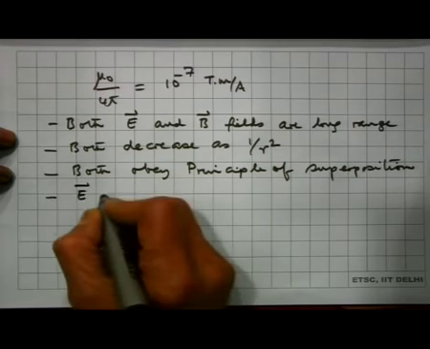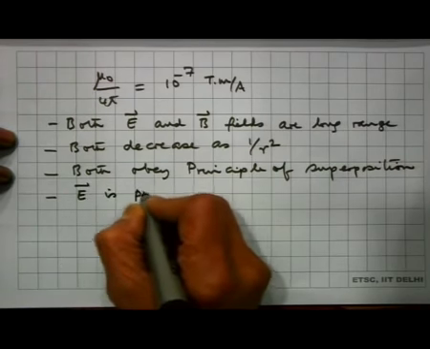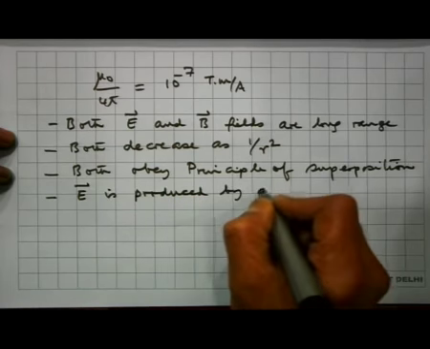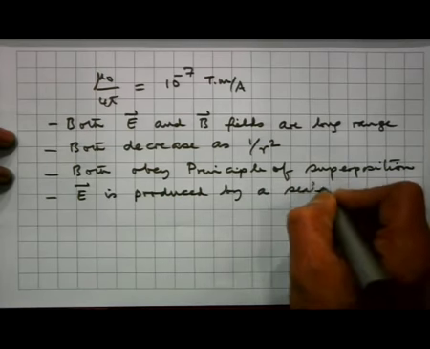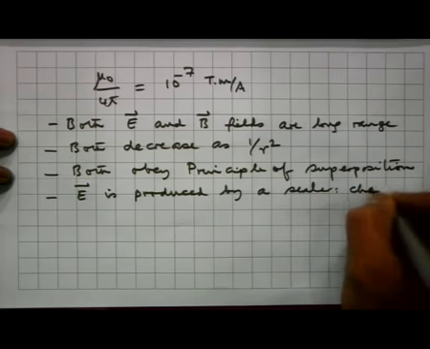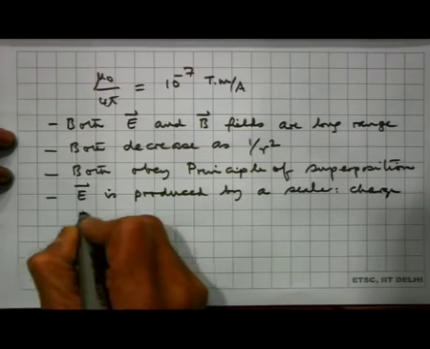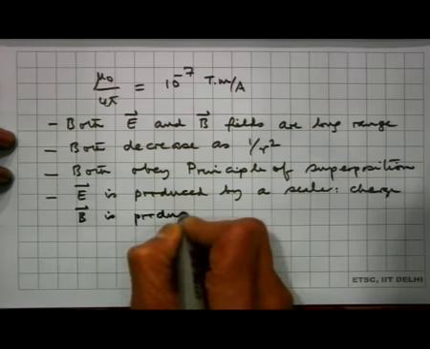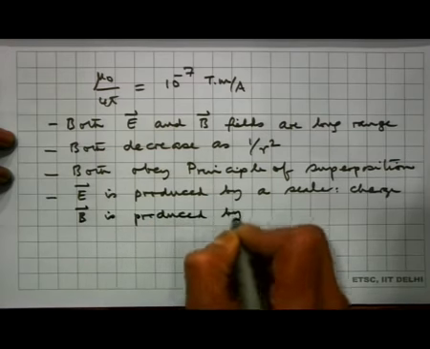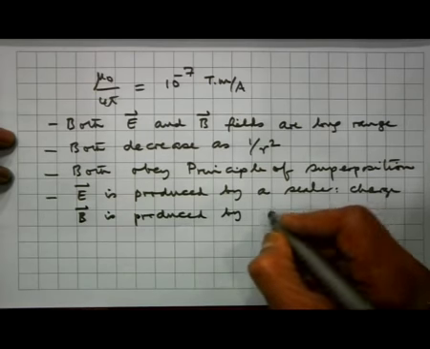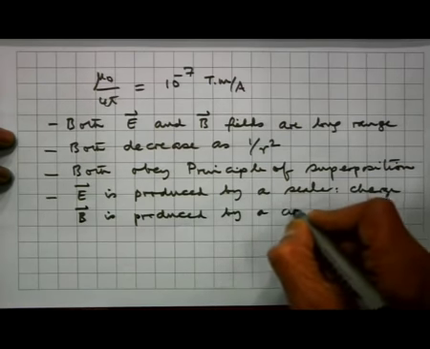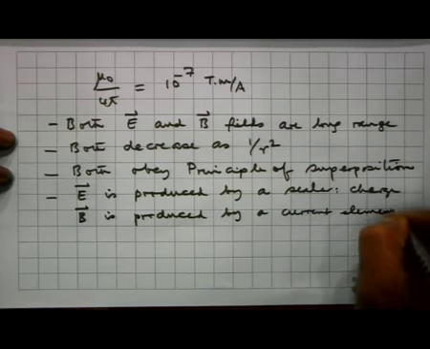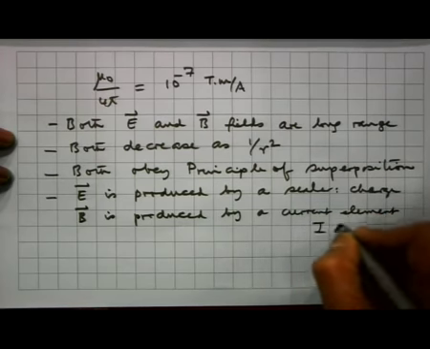E field is produced by a scalar charge, which is the charge, while B field is produced by a current element, I dl, a vector.